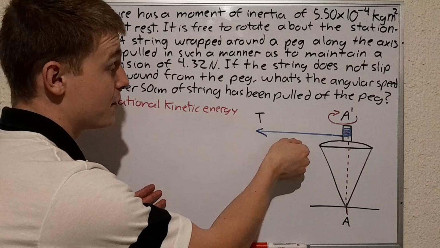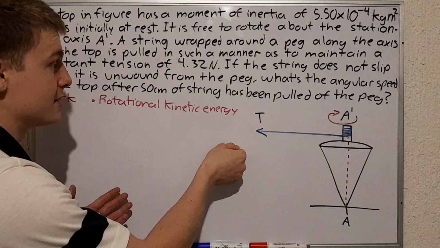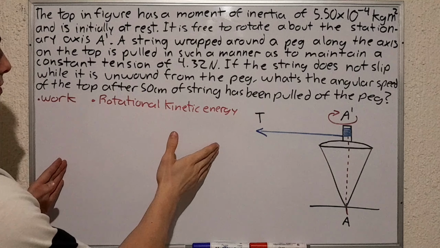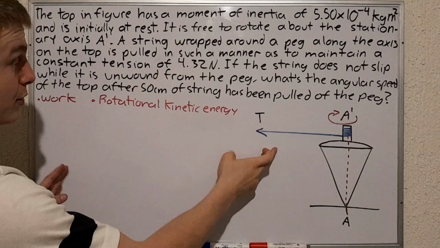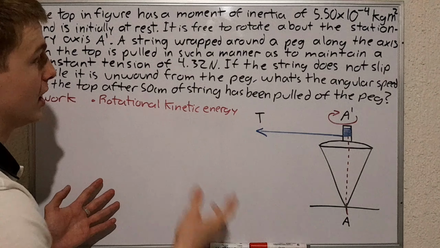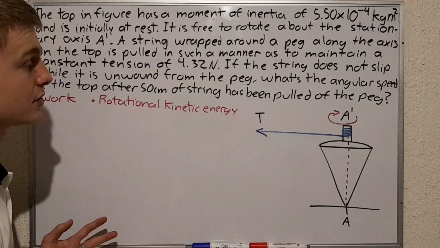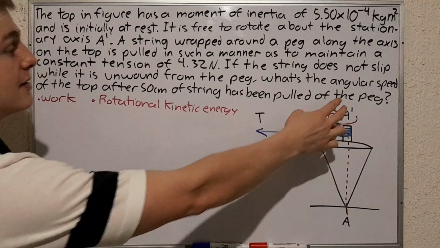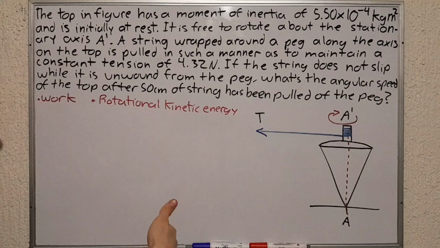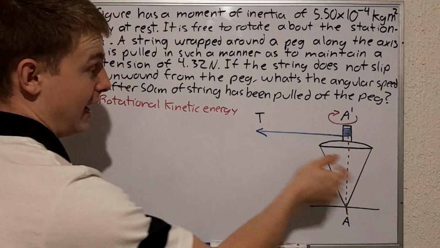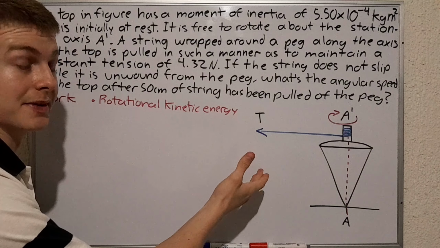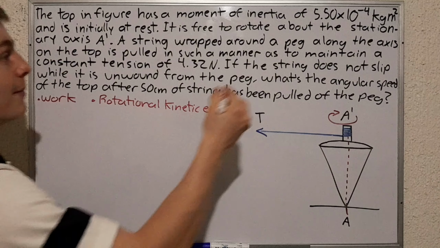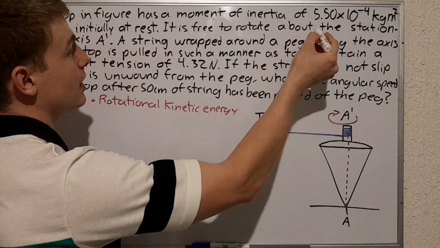Now, if you pull it 50 centimeters away with a tension of the string, which would be our force of 4.32 newtons, what's the angular speed of the top after you pulled it 50 centimeters?